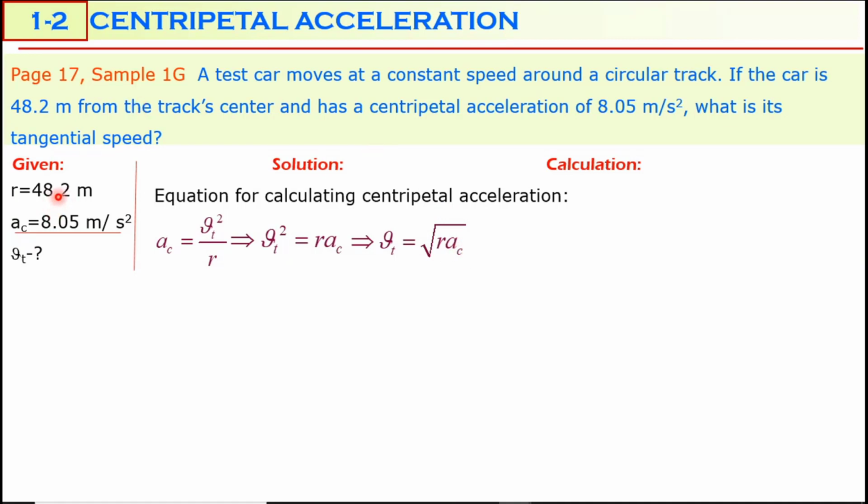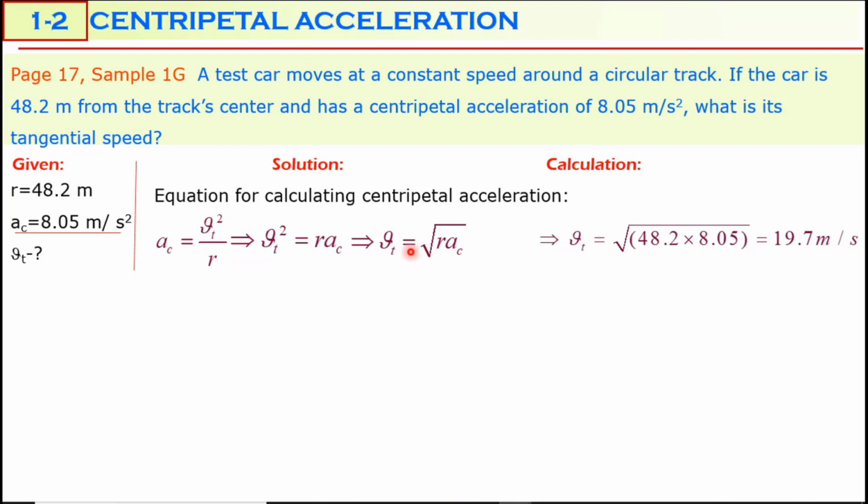R is given as 48.2, AC is given as 8.05. You will insert these two given values into the equation. After that, do your calculation. Be careful about the brackets: put one bracket at the beginning, root, bracket, 48.2 multiplied by 8.05, close the bracket, press equal, and you get 19.7 meters per second.